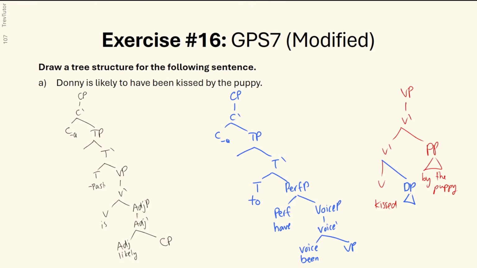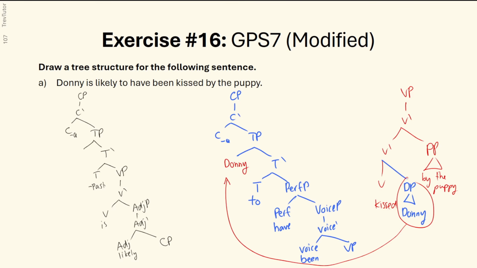The theme should be Donnie, because Donnie is the one being kissed. He's not the one initiating the kissing. He is the thing being kissed. So Donnie is going to start as a theme, which means it's going to be a complement of the verb. Now, it doesn't have case yet. So this DP is going to have to move to the specifier of TP, the first TP that it sees, in order to get case.